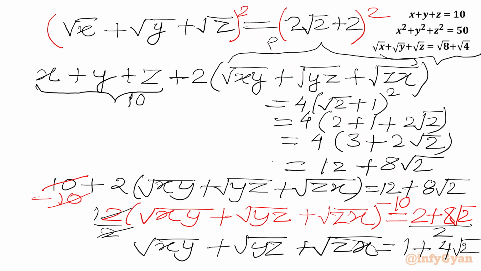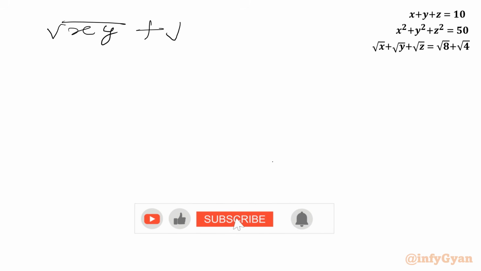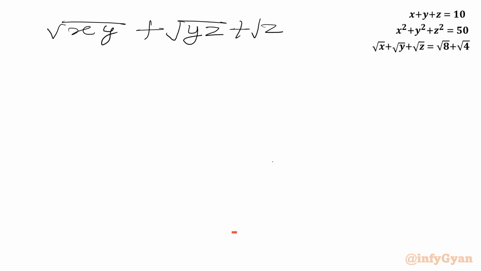And this equation we will call equation number 5. Let me write here square root xy plus square root yz plus square root zx equal to 1 plus 4 square root 2. This is our equation number 5.